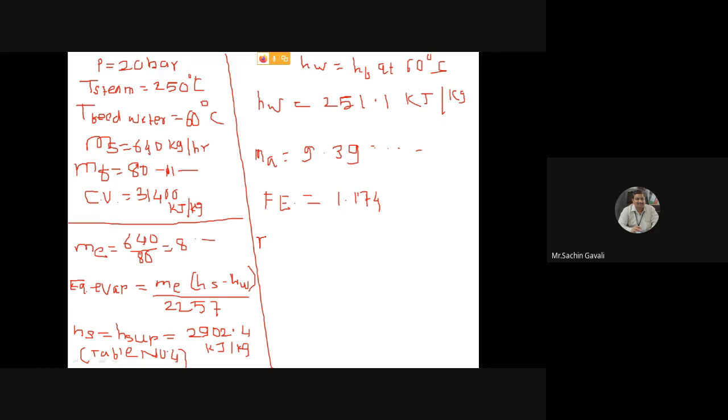Then boiler efficiency is equal to ME into bracket HS minus HW, divided by the lower calorific value CV, which is coming as 67.5%.